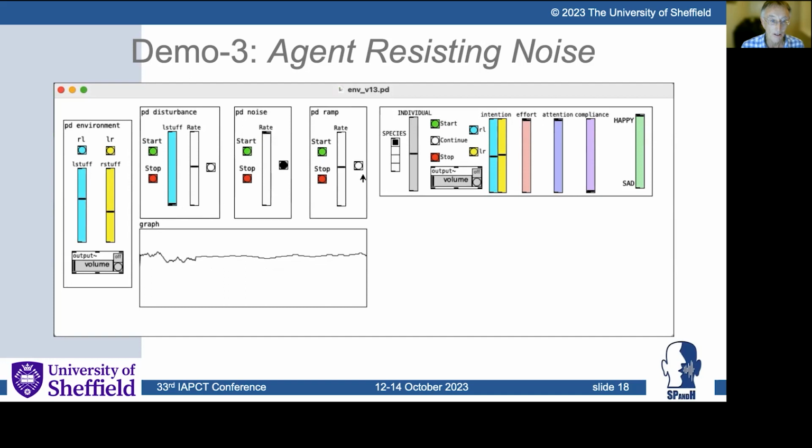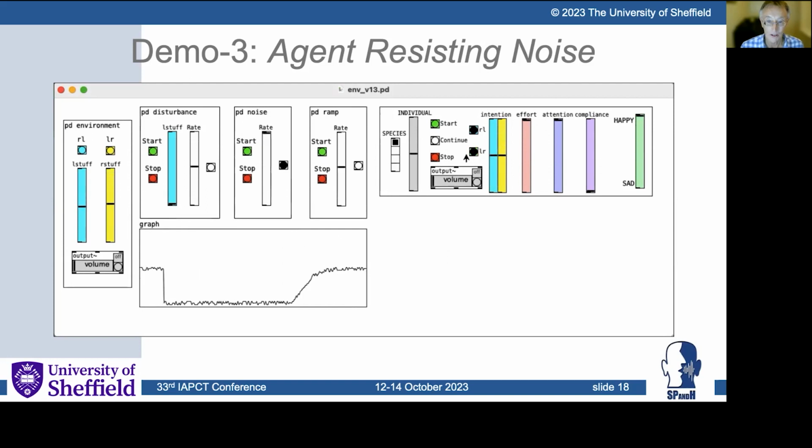Here we go. So that's a noisy environment. That's the wind blowing the stuff around. And initially, with a medium level of effort, medium level of attention, there is not much control. The error is high, the agent is sad. And we put up the attention and effort, and that noise is now moderated somewhat. It's under control.